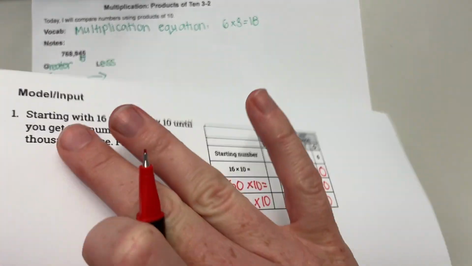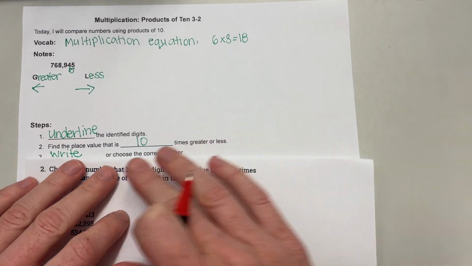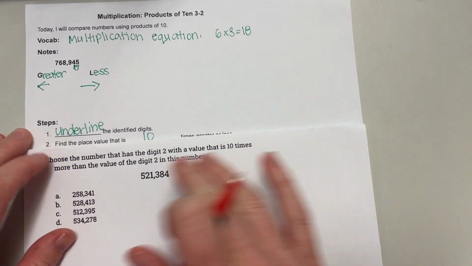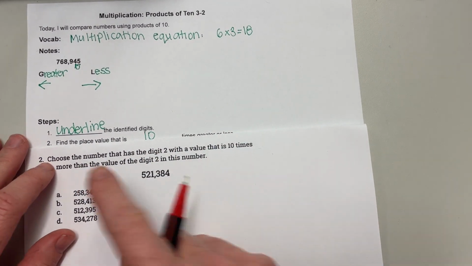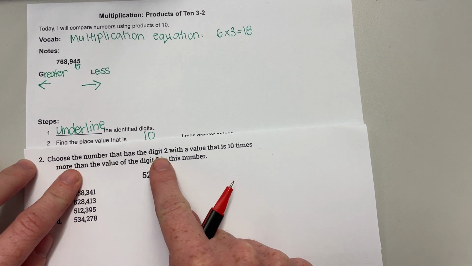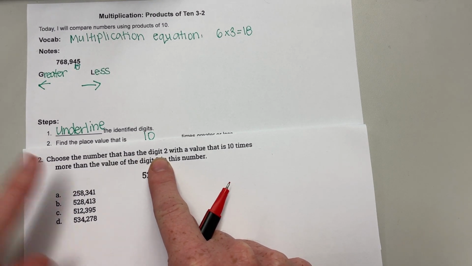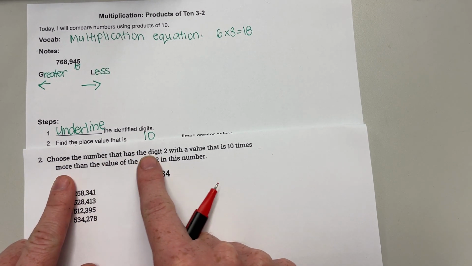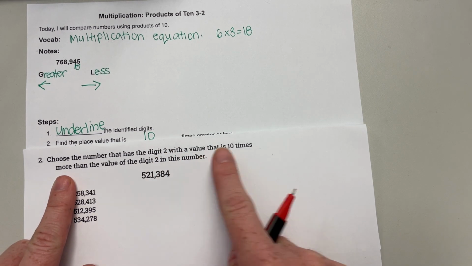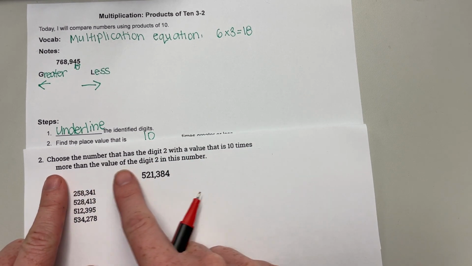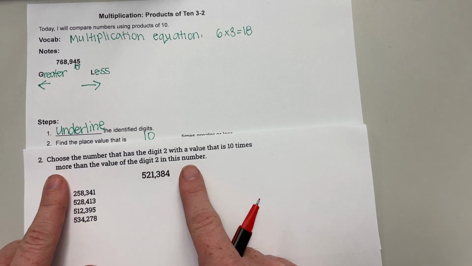Okay, now we're going to do something slightly different than yesterday, but we have our steps. First I'm going to read the problem. It says choose the number that has the digit 2 with the value that is 10 times more than the value of the digit 2 in this number.